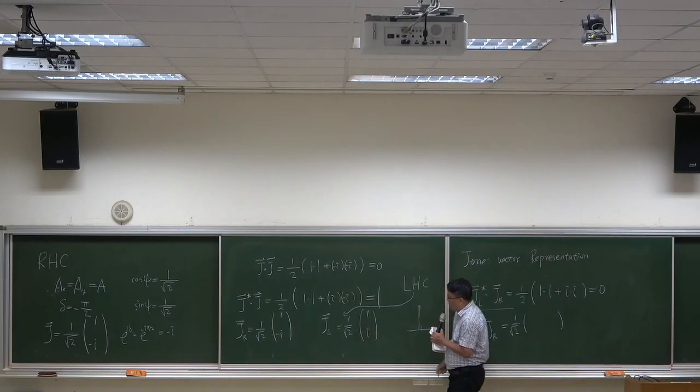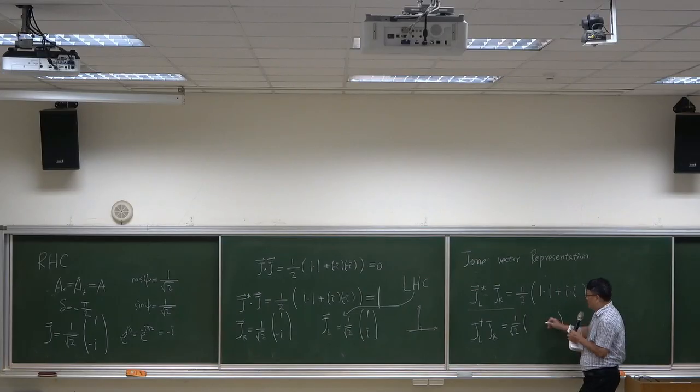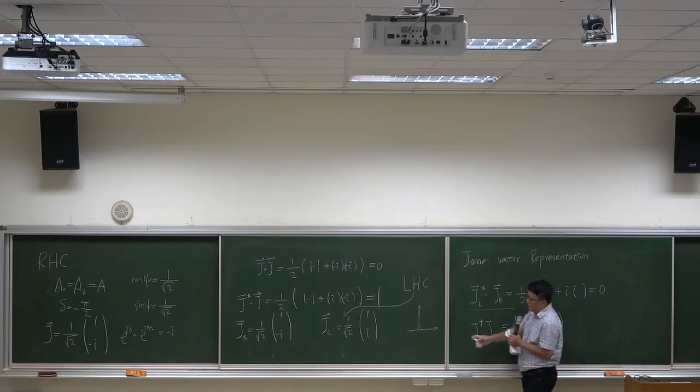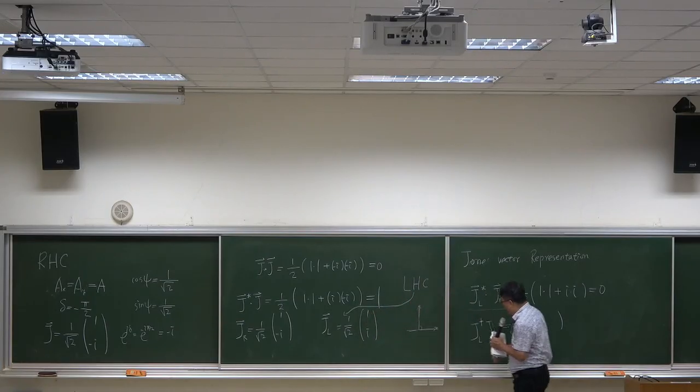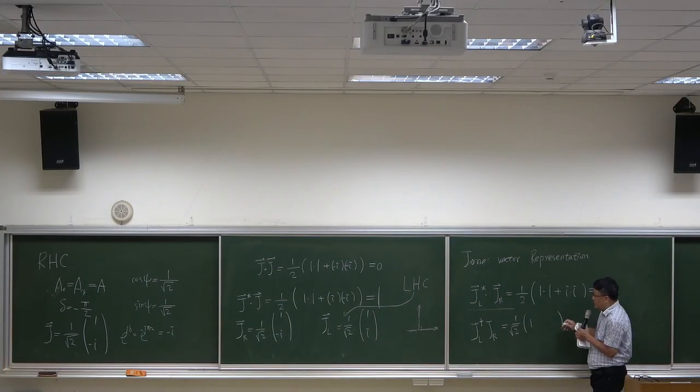Transpose and complex conjugate. Transpose, we change the column vector to a row vector, and then take the complex conjugation. Complex conjugation.